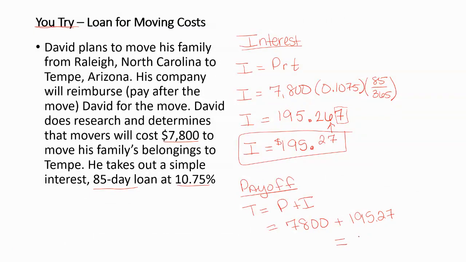That means that we're going to need to pay back, add those two together, $7,995.27.